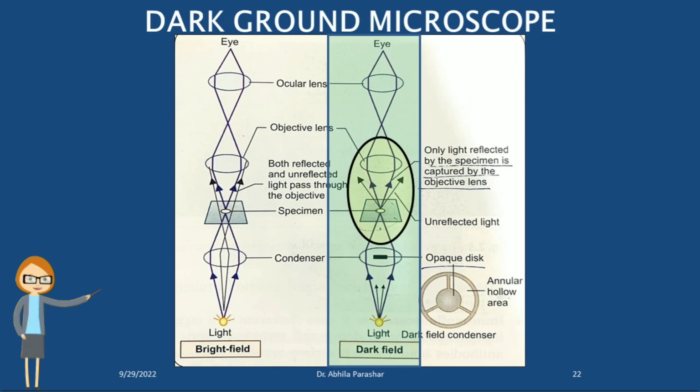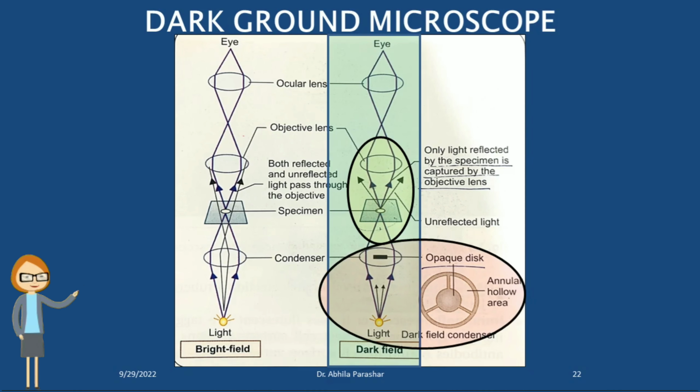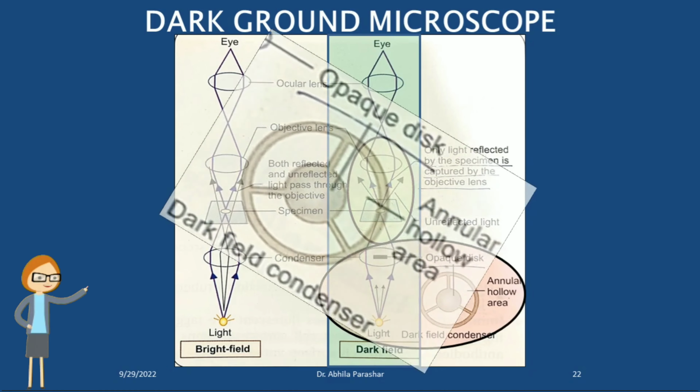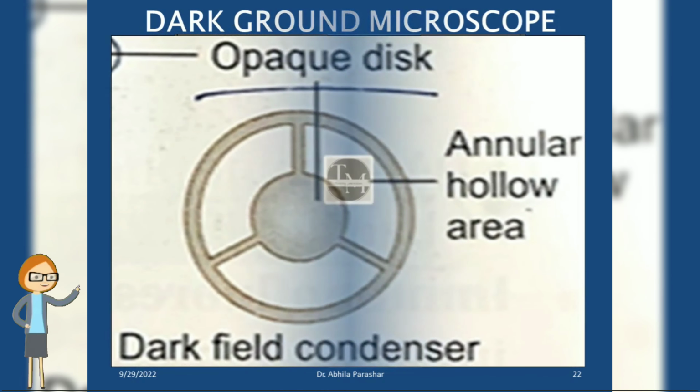As we can see in the bright field, both are passing through, but not in the case of DGM. Here it is because of the opaque disc which restricts the light, and a halo which allows the light; a specialized condenser is used.